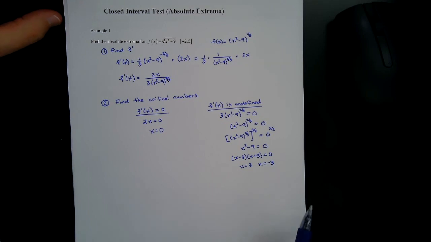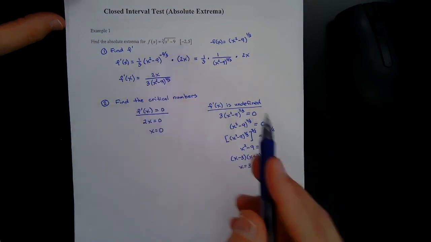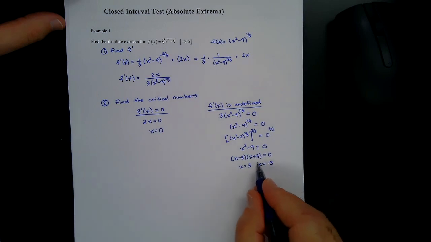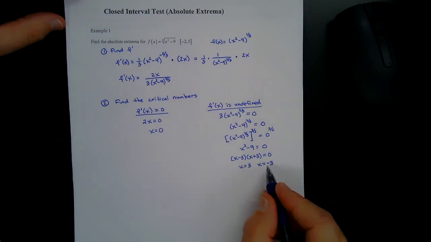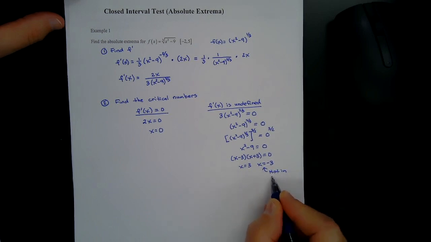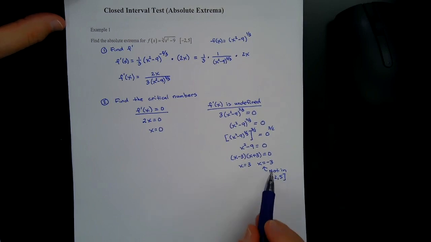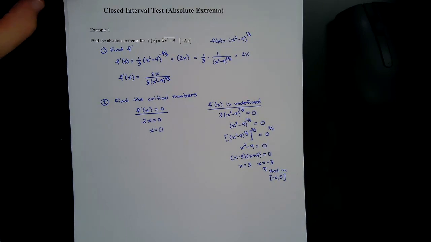Okay, now, however, if you look, our closed interval is only between -2 and 5. So this point right here, this critical number, is actually not a critical number because it's not in -2 to 5. It's outside this interval. So we're going to ignore that one, okay?